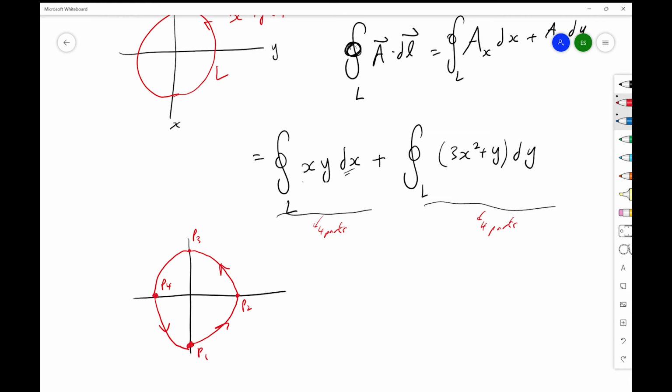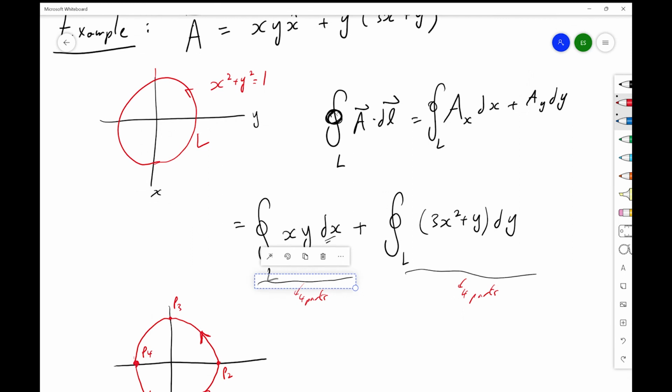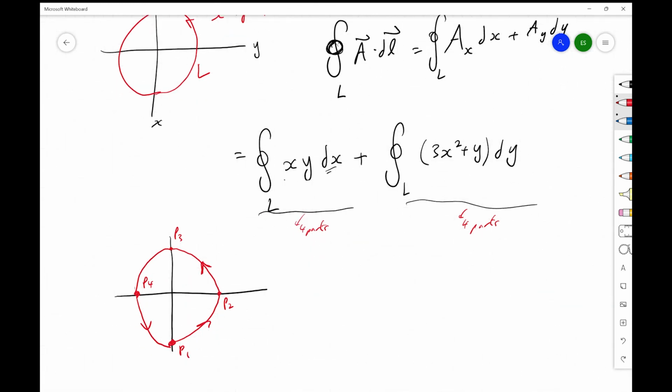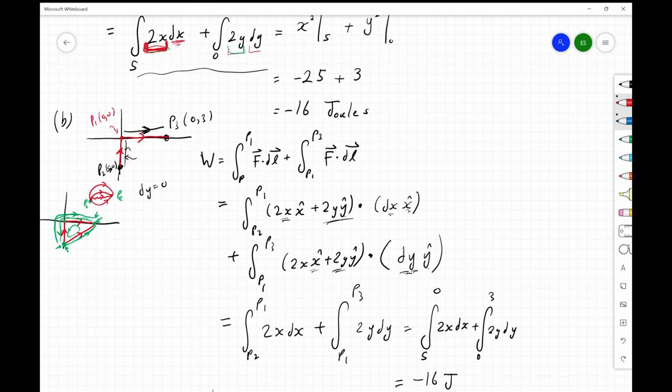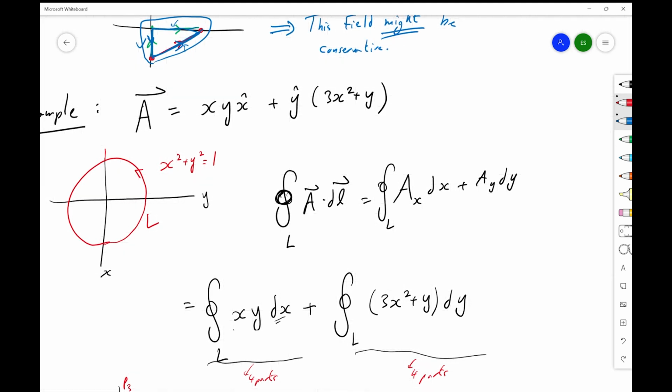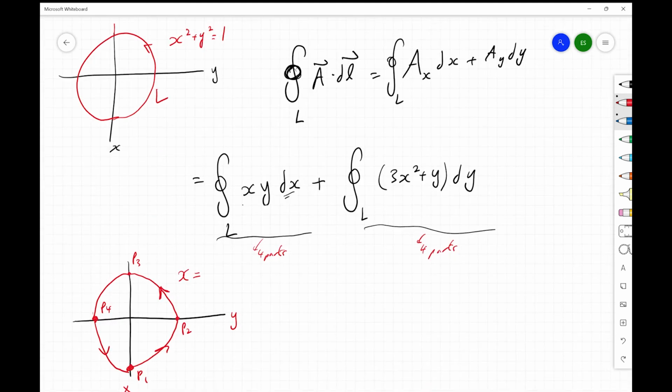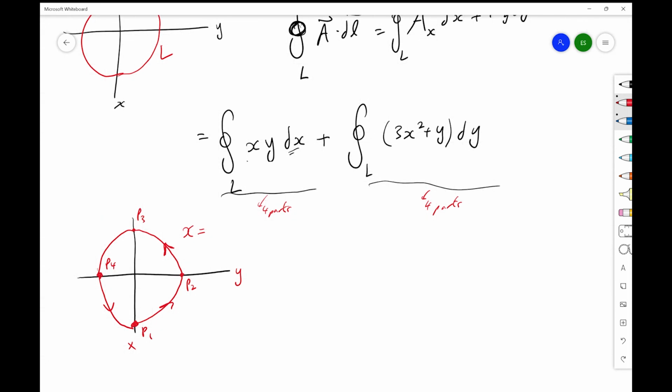So here I subdivided the integral into 4 parts. I need to do it in 4 parts because along this path, each arc is going to have a unique equation for the path. Right? I need to write how x is a function of y or y is a function of x. So I know that x squared plus y squared equals 1. So along this arc here, x is negative. In general x is plus or minus the square root of 1 minus y squared, and it's the selection of positive or negative that gives you different arcs here.